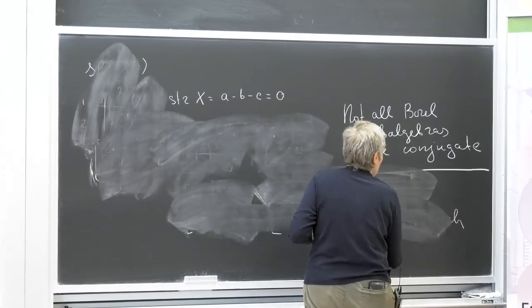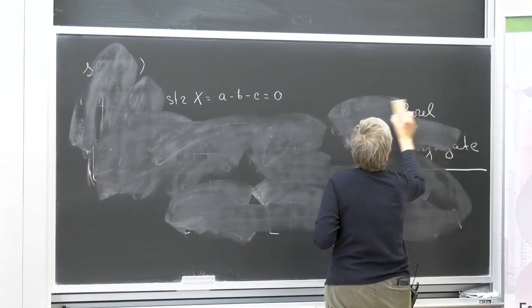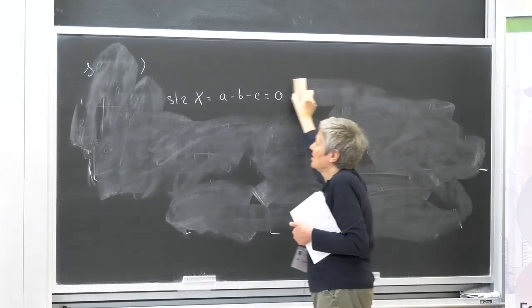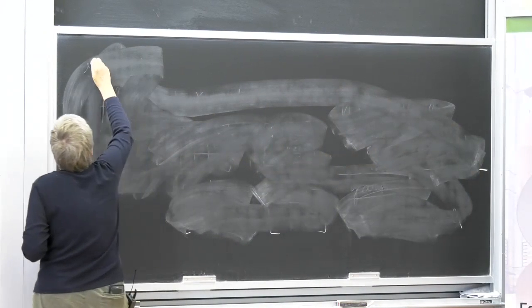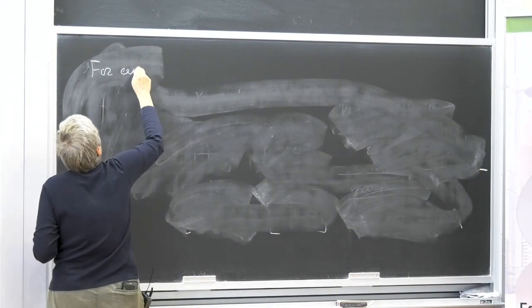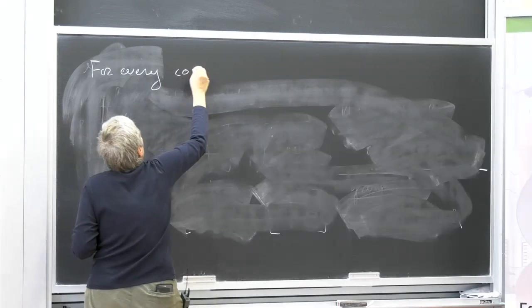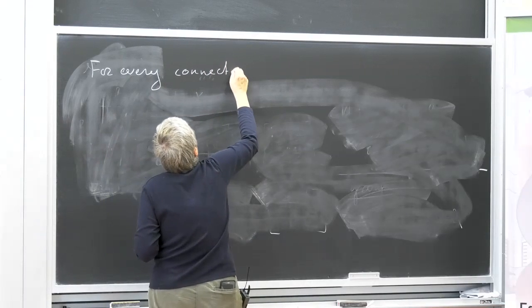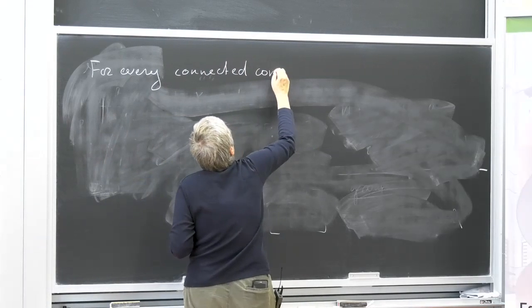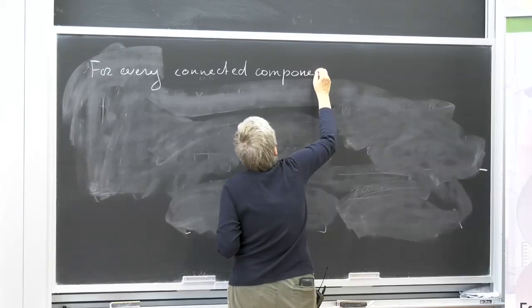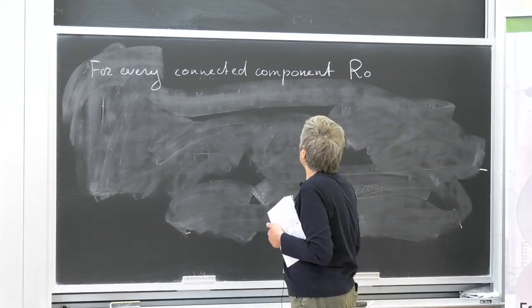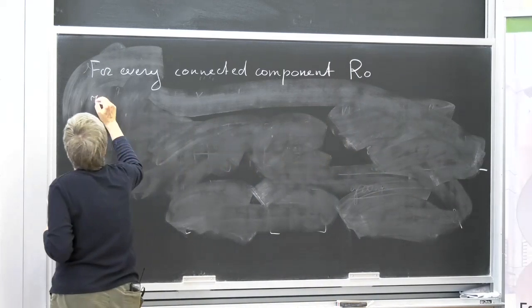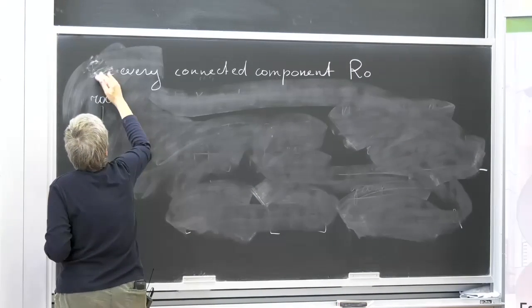There are arrows between them. So every connected component I'm going to call root groupoid. This is a definition.